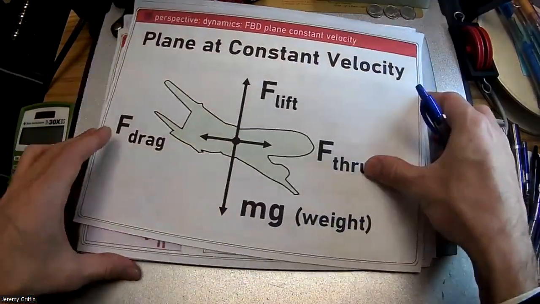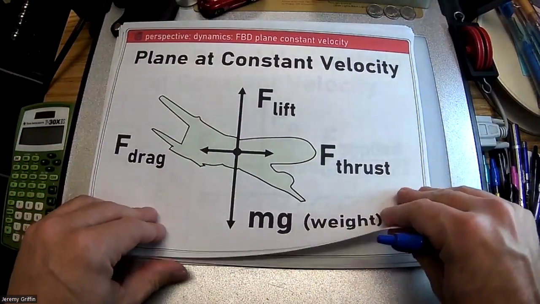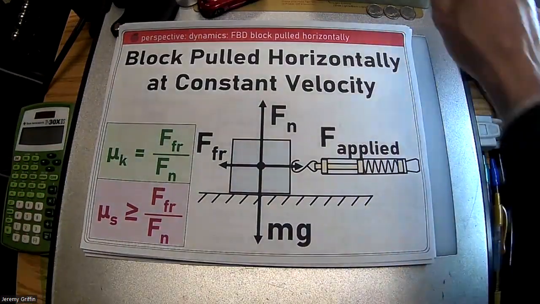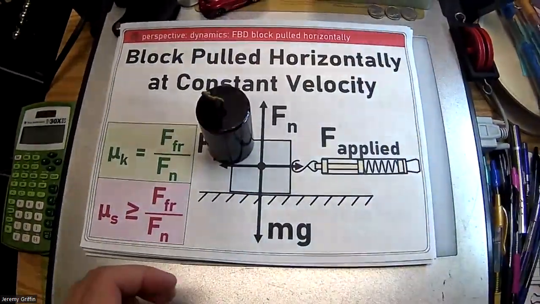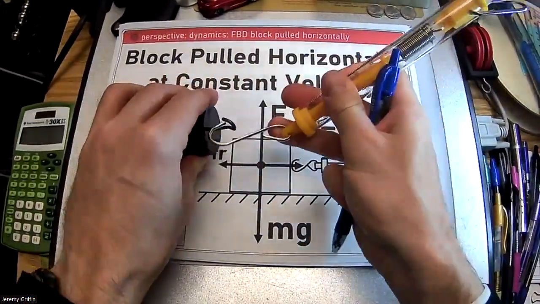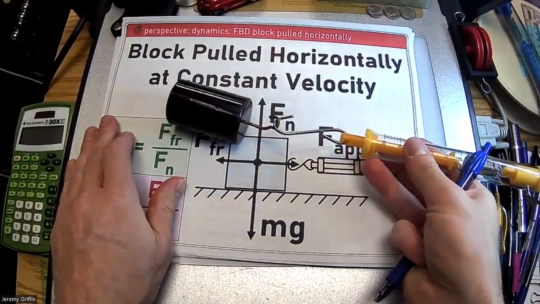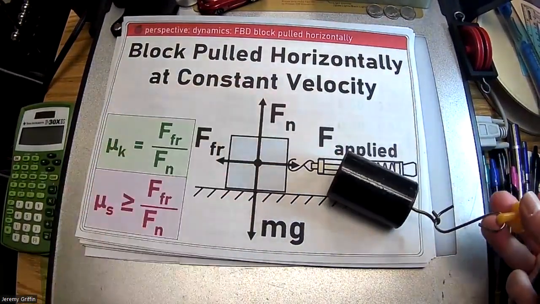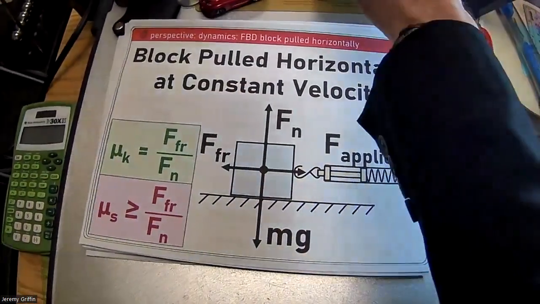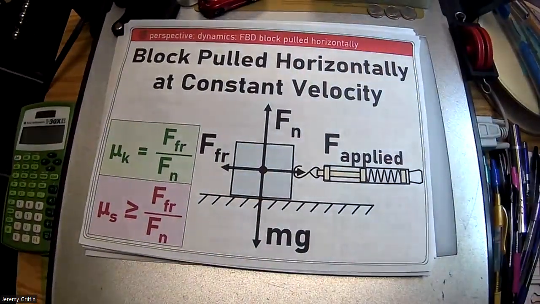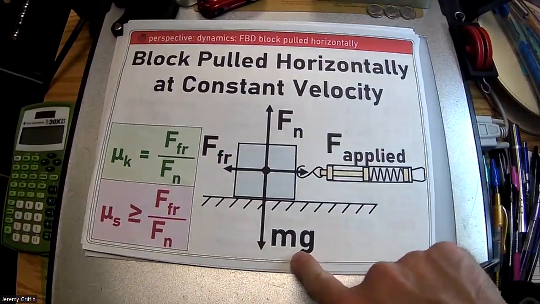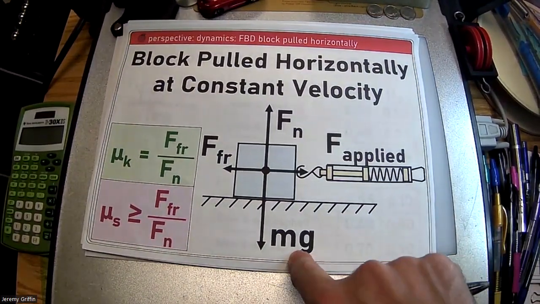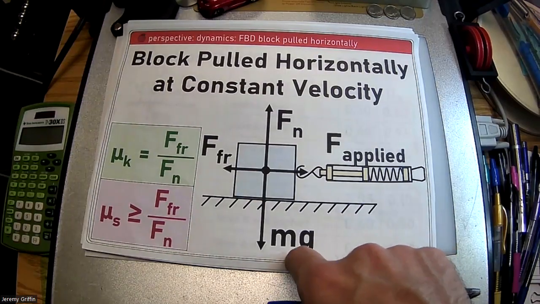All right, a similar looking free body diagram is here. I have this lab weight and a spring scale. I just pull this lab weight horizontally across this horizontal surface at a constant velocity. So we've got 4 forces. There's the weight. I usually label it m times g, mass times gravity field. You could call it F sub G, force due to gravity.